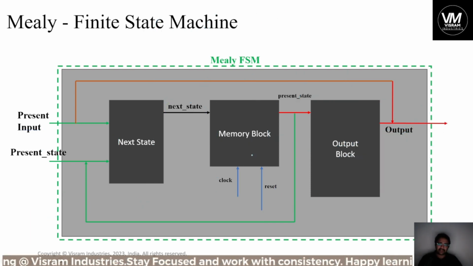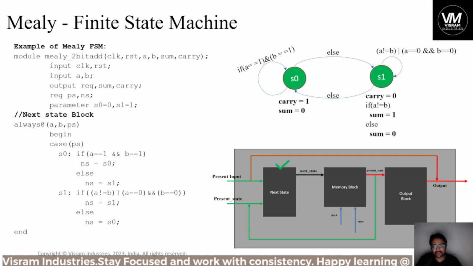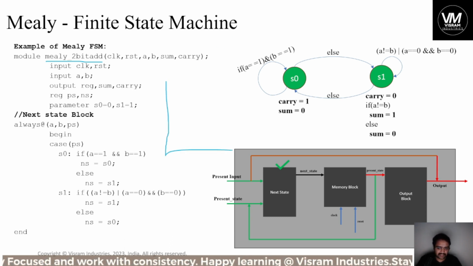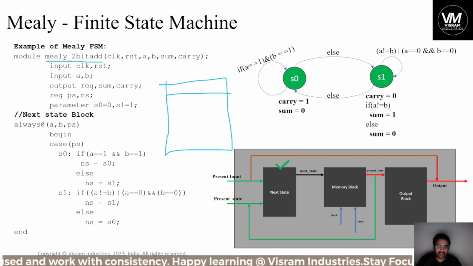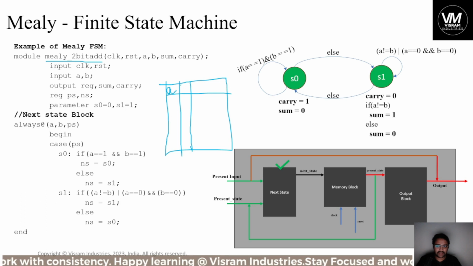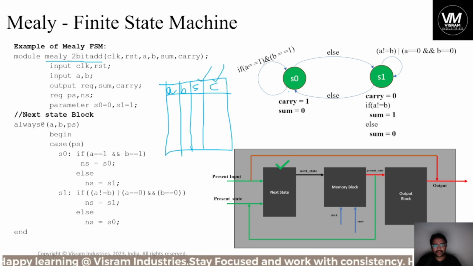so coming to the example, that example is nothing but Mealy implementation of a half adder. Half adder, we have seen the truth table in the last example, right? You have inputs A and B, and you have outputs sum and carry. Based on the sum and carry, you are looking at the states.